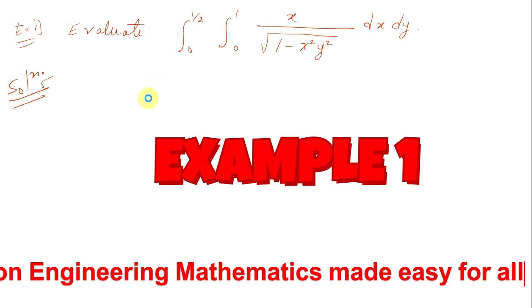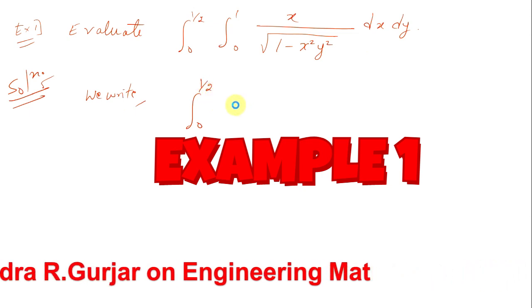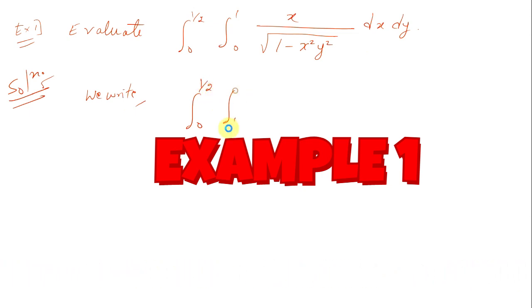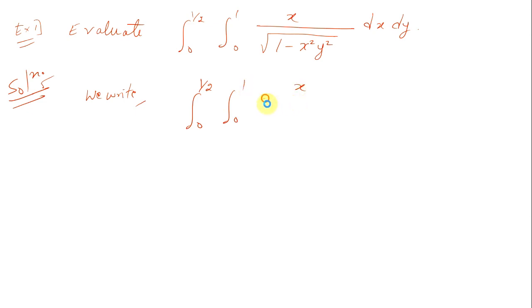So please, every time they give the equation in this form, rewrite it. So we write 0 to 1 by 2, integration 0 to 1, x divided by square root of 1 minus xy the whole square, dy dx.